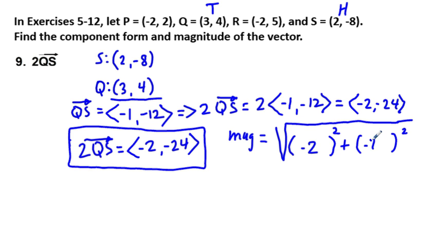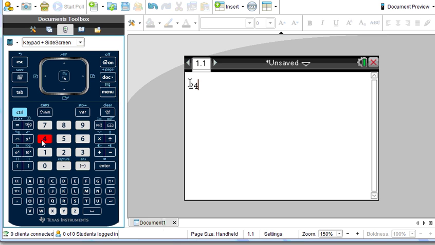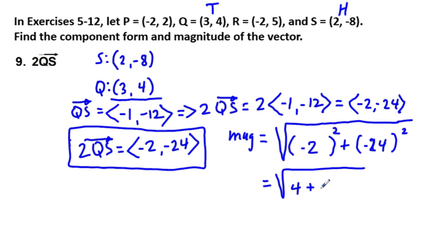So -2 squared is 4. And 24 squared, I think that's going to be 576. That's what I remember it was, 576. So that's going to be equal to the square root of 580.